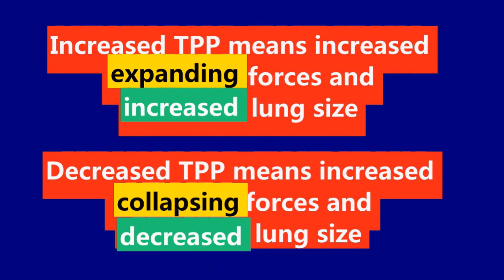So increasing transpulmonary pressure means that there is lung inflation, whereas decreased transpulmonary pressure means that there is lung deflation. The concept of inflation and deflation does not necessarily mean that there is airflow going inside the lung or coming out from the lung. It simply means that the size of the lung is increased or decreased respectively.